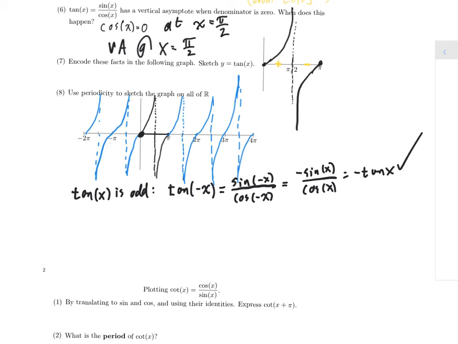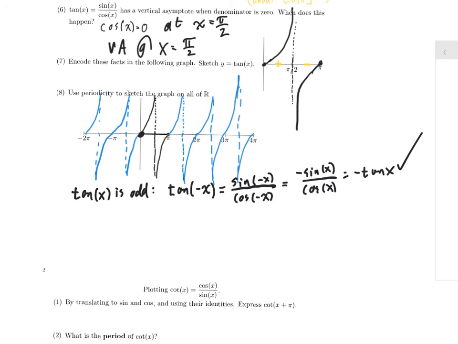So that checks out. Where does this function appear to be increasing? Well, at 0, it looks like it increases really fast. At pi over 2, something really weird happens. It jumps down from plus infinity to minus infinity. So there's this jump of infinite length at a point that's not in the domain, and then it starts increasing again.